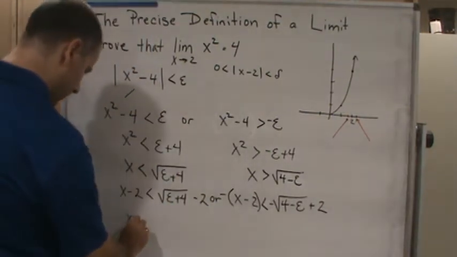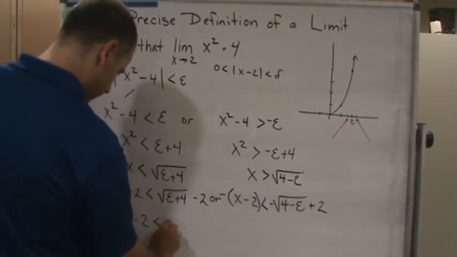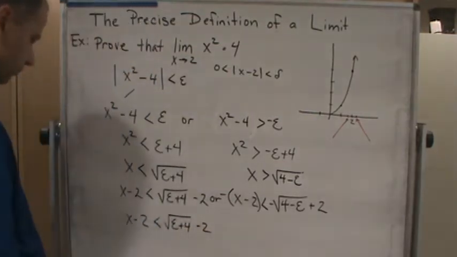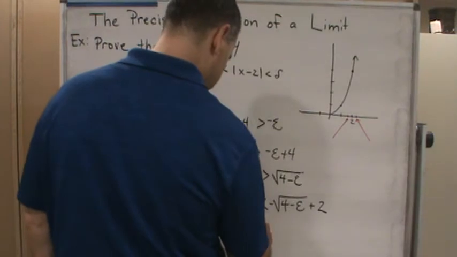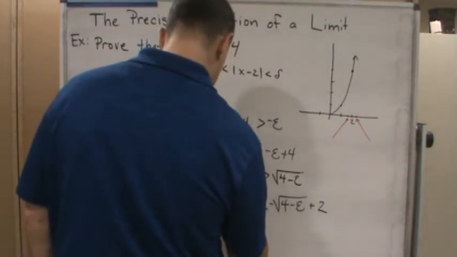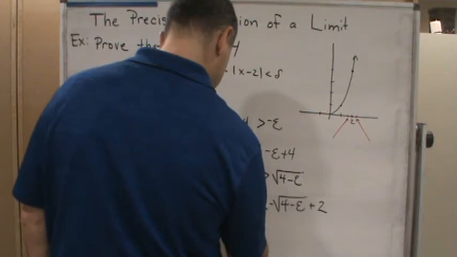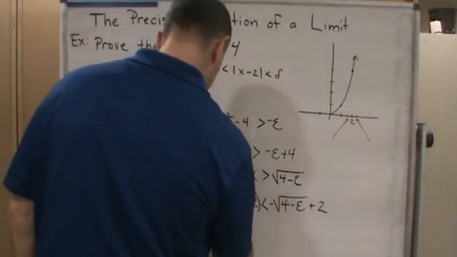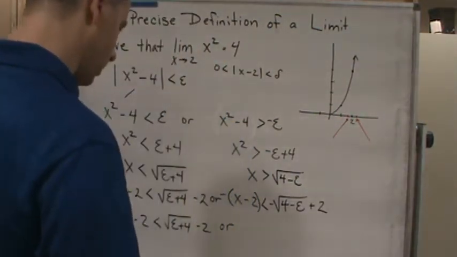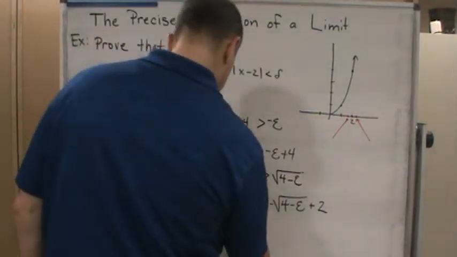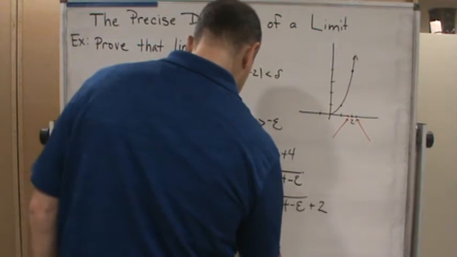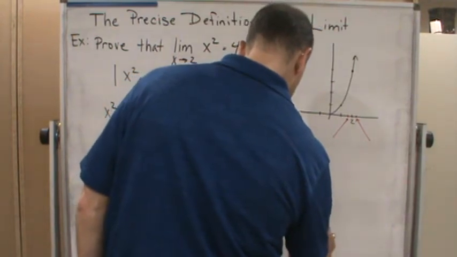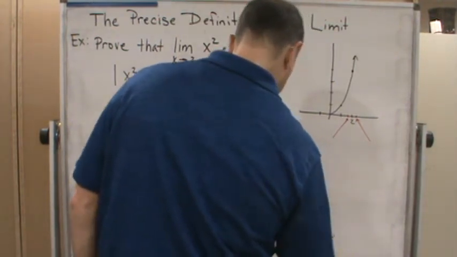So this would be x minus 2 is less than the square root of epsilon plus 4 minus 2, or the opposite of x minus 2 is less than 2 minus the square root of 4 minus epsilon.